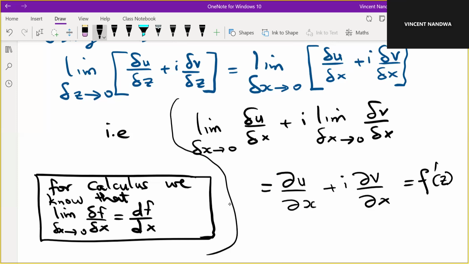So that is how we obtain the first relation. The limit as delta x approaches 0 of delta u over delta x is nothing but partial u partial x. The limit as delta x approaches 0 of delta v over delta x is nothing but partial v partial x, borrowing from this result in calculus. And this is actually the partial derivative of the function f. So call it 3.